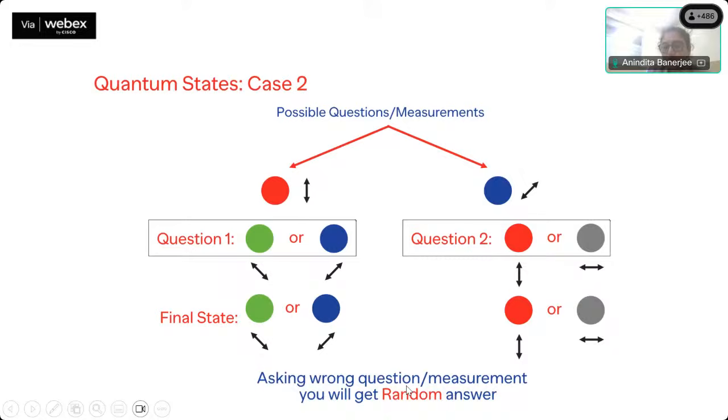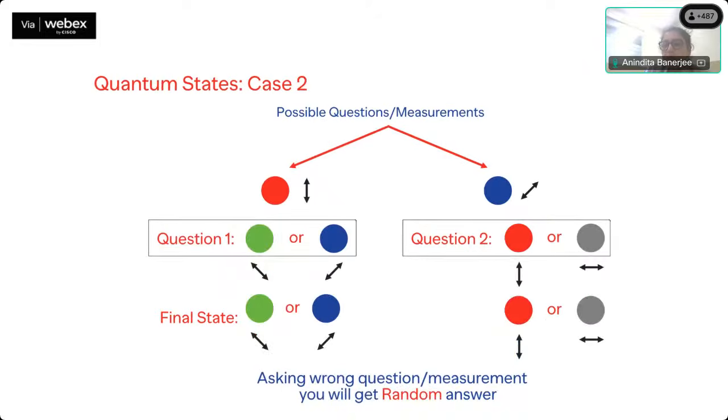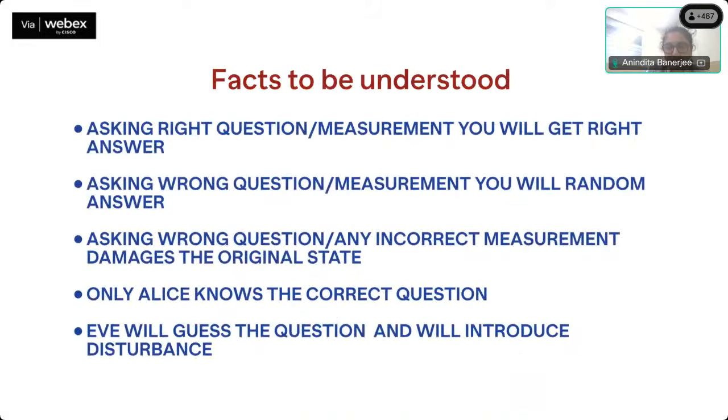So similarly, these two examples form the basis of BB84 QKD. Okay, so here we understood that with the right question, the right measurement, we get the right answer. In fact, there is no error, we get the correct state. Wrong answer, which means we do random measurement, and this you can relate with eavesdropping or Bob doing random basis measurement.